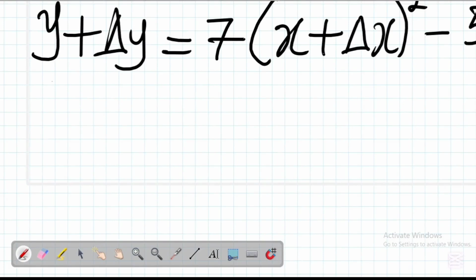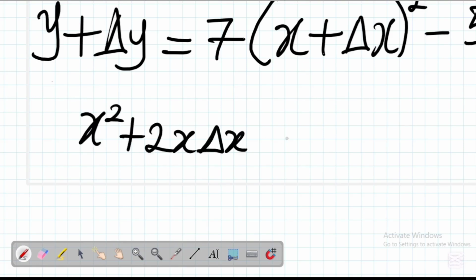Here we have x plus changing x all squared, and if you check very well from our first example, we've expanded the bracket and it gave us x squared plus 2x changing x plus changing x squared.